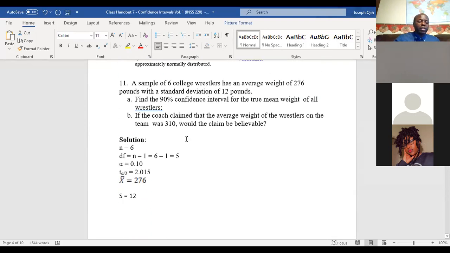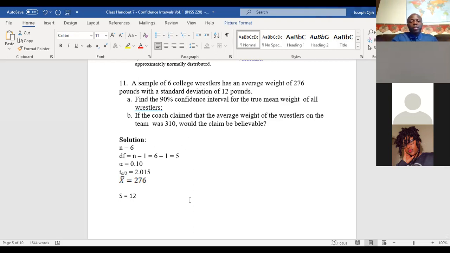So the error equals t alpha over 2, which is 2.015, times the standard deviation of 12 over the square root of 6. That will help us get the error.